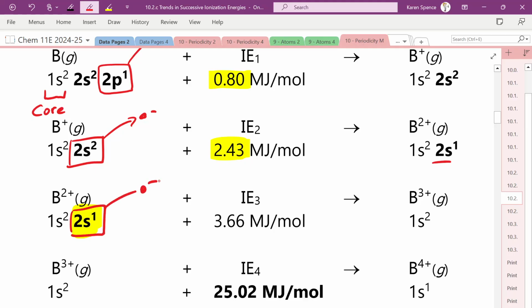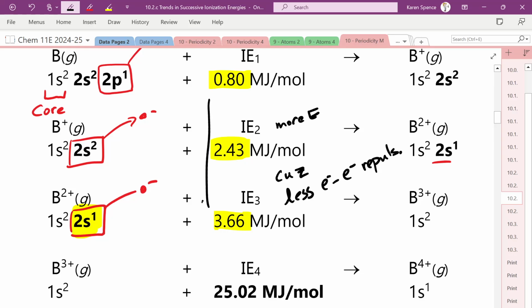Out comes the electron, and that required more energy because there's less electron-electron repulsion. So as we go from here to here, more energy because we have less electron-electron repulsion.